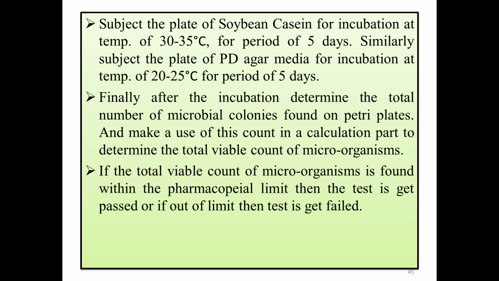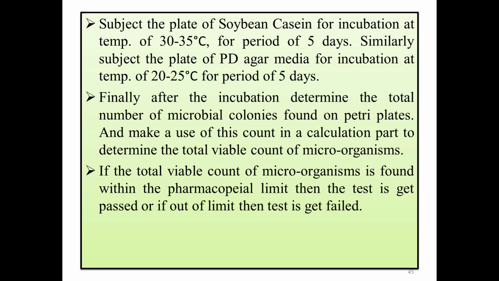This is for determining the total viable count of microorganisms. If the total viable count of microorganisms is found within the pharmacopoeial limit, then the test is passed, or if out of limit, then the test fails.